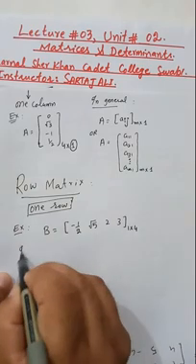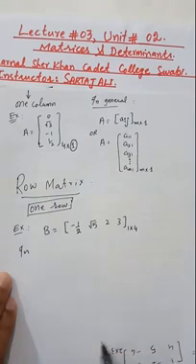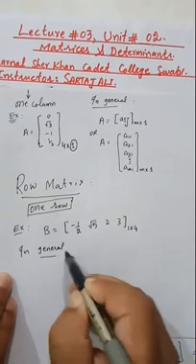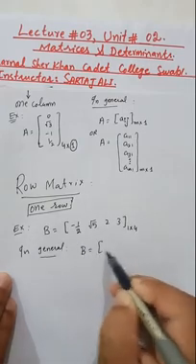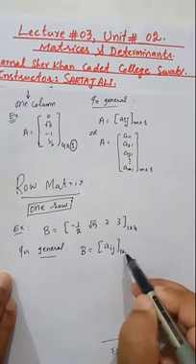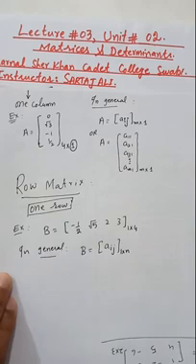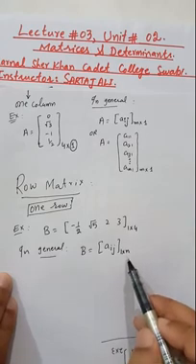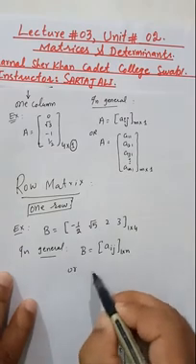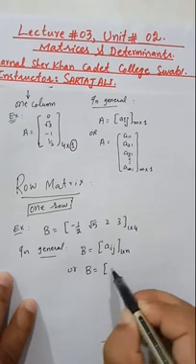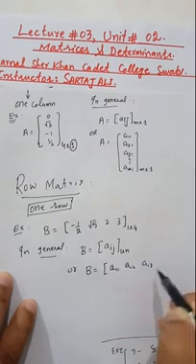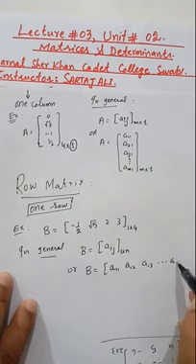In general, a row matrix Aij has order 1 cross n, meaning there are n columns and just one row. In other words, you can write B equals a11, a12, a13 and so on up to a1n.